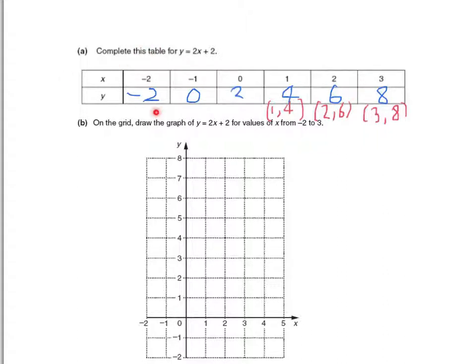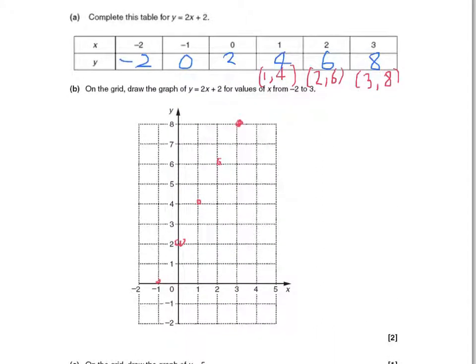All we need to do is, for the x values minus 2 to 3, plot our coordinates on the graph. So we've already labelled some of them. So 3, 8, 2, 6, 1, 4. The next one is 0, 2, minus 1, 0, and finally we've got minus 2, minus 2.